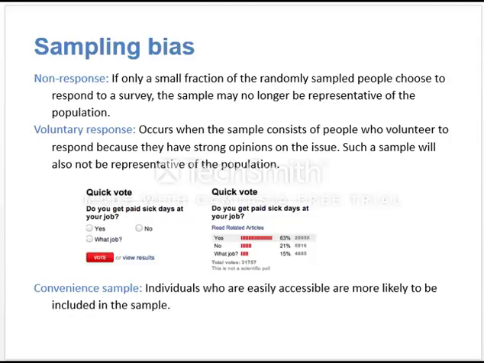A voluntary response, though, occurs when people respond to, say, a poll on a voluntary basis. This will tend to not be representative of the population. You'll tend to get people who feel strongly about the issue, one way or the other. And finally, the convenience sample, those just easy to access.